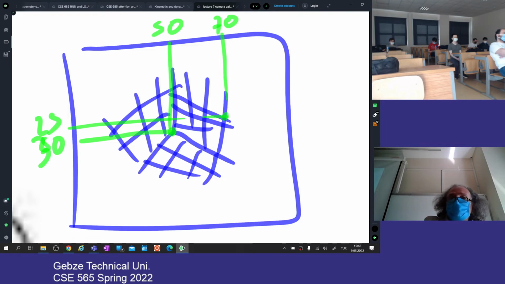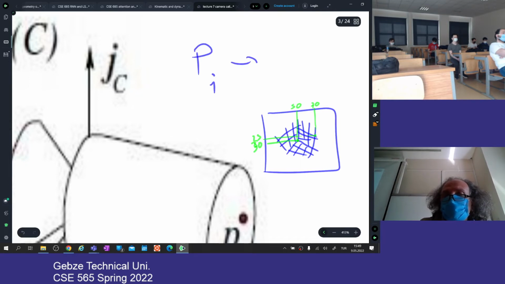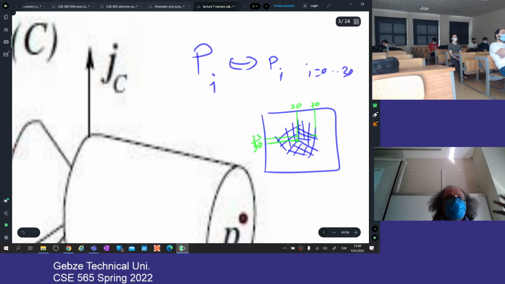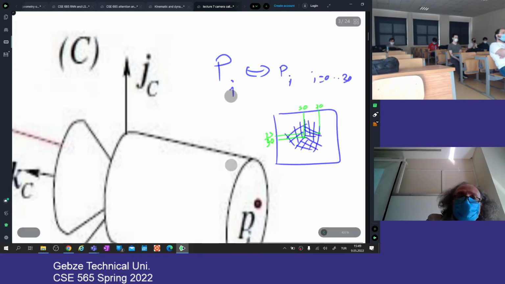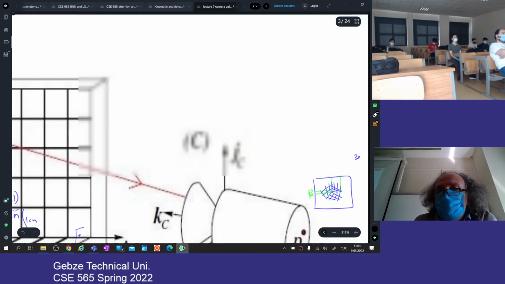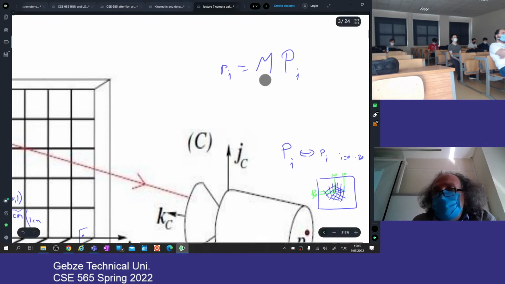So I have lots of correspondences between the real world points and image points, for i from 0 to some large number, maybe 30 of them. If I know these, then how do I connect each capital Pi with small pi through the projection matrix M?